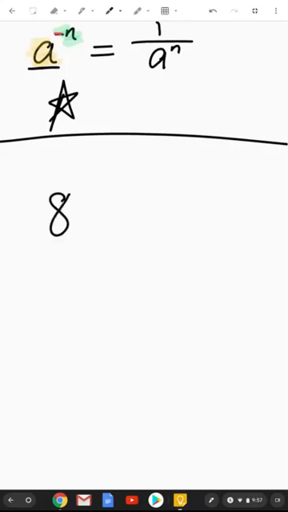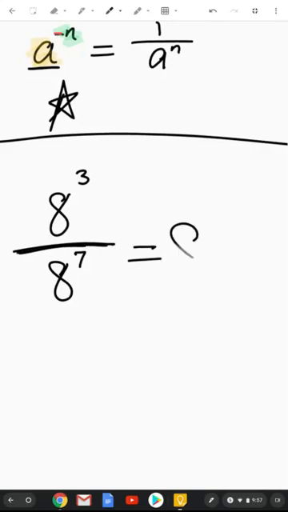Let's say we have 8 to the 3rd power over 8 to the 7th power. We know that there's division happening between the same bases, so I'm going to keep the base the same. But 3 minus 7 gives me a negative number.